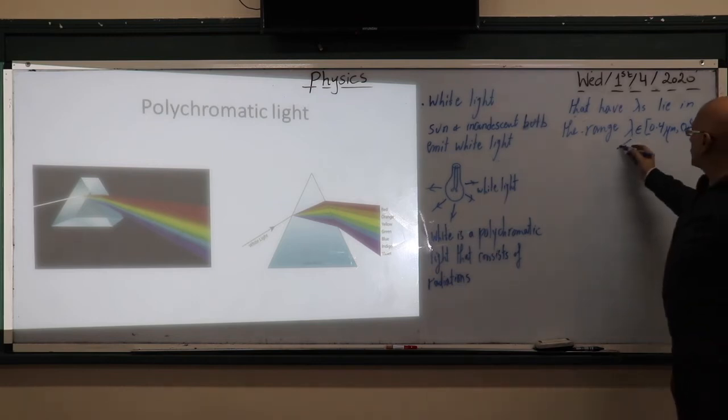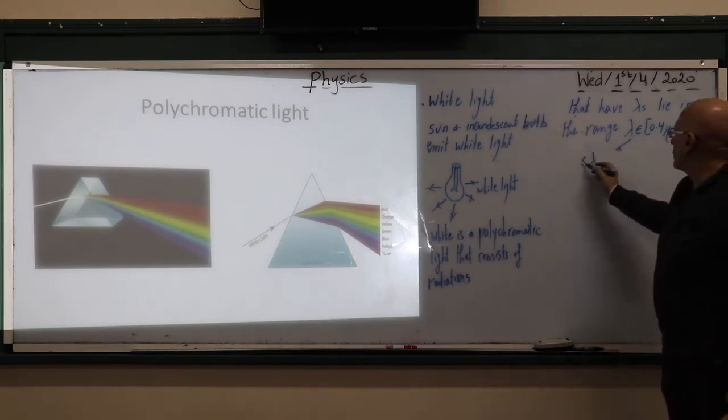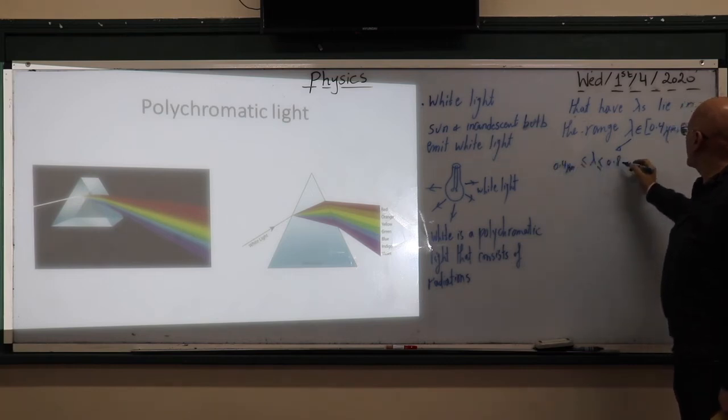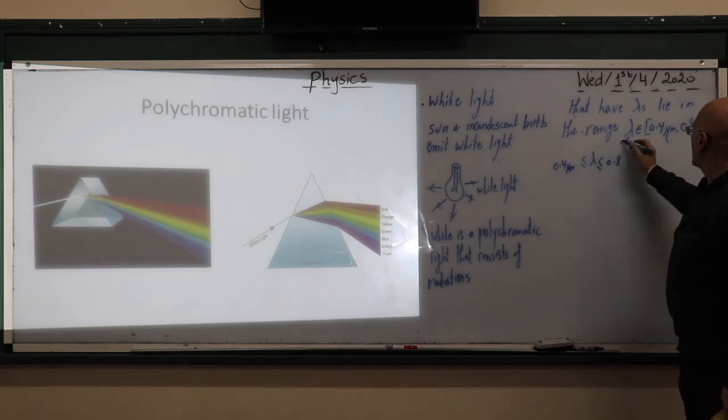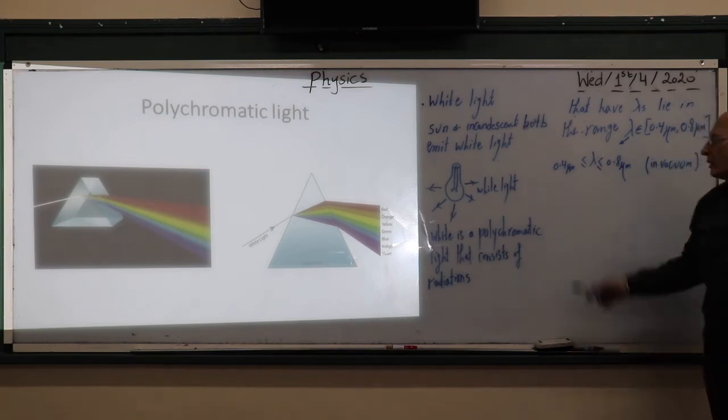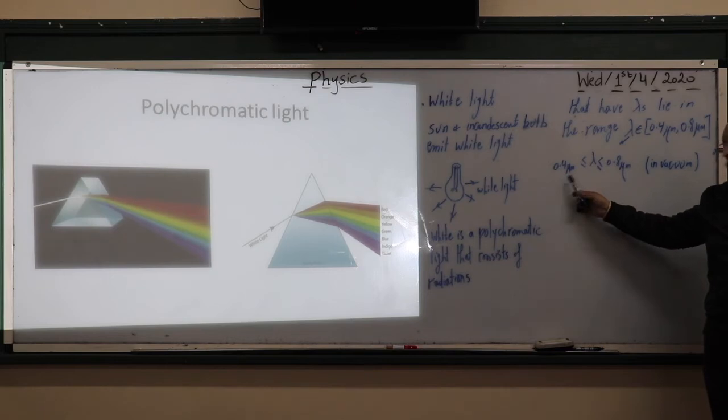Also, this range, I can write it in this form: 0.4 micrometer, 0.8 micrometer in vacuum. When you write the range of lambda, you should mention the medium.